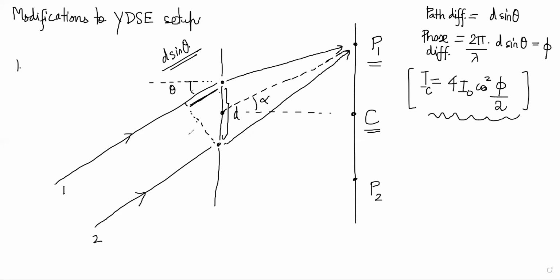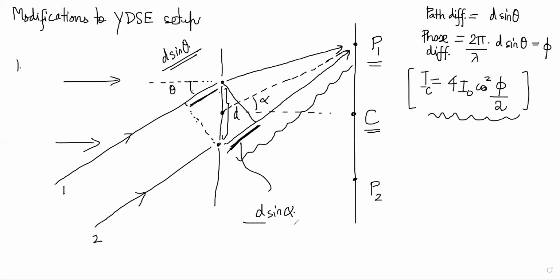Normally if it was parallel rays coming, then you would have just said that, okay, this path is longer and this path is smaller. So there is a phase difference equal to this extra path, and this extra path would have been d sine alpha, right?